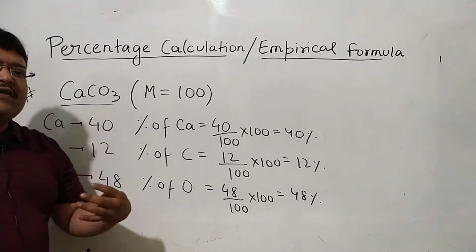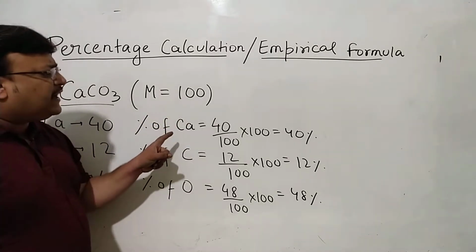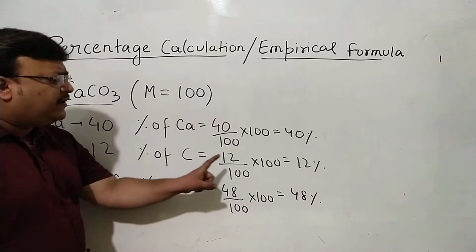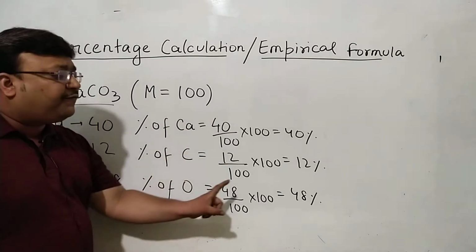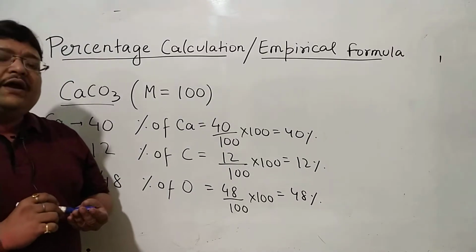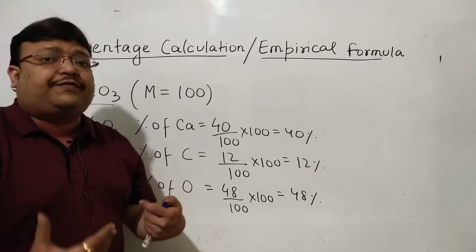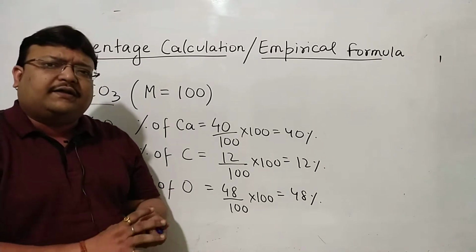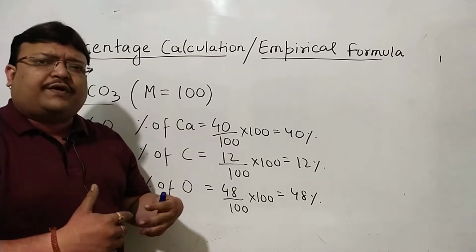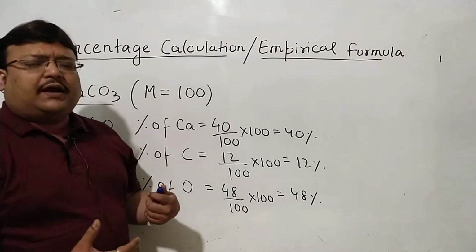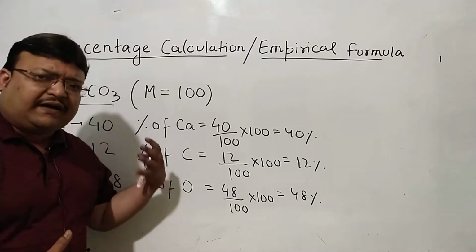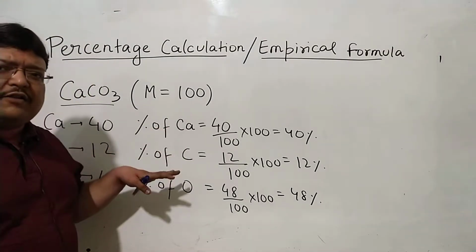If you are told in a given problem that percentage of calcium is 40, percentage of carbon is 12, and percentage of oxygen is 48% by mass, and from the percentage, you are asked to predict the empirical formula of that compound. So what we are doing is, we are trying to frame a question of our own and arrive at the expected result. I think this part is being understood.